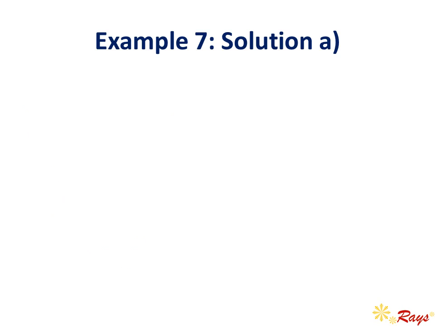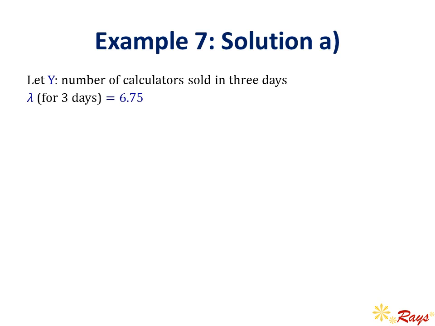We continue with the second part of question A. Y is the number of calculators sold in 3 days. And from the previous part, we have found the lambda for 3 days, which is 6.75. The second part of question A is asking us to find the probability that fewer than 3 calculators are sold in 3 days. So fewer than 3 means less than 3. Less than 3 means 3 is not included.